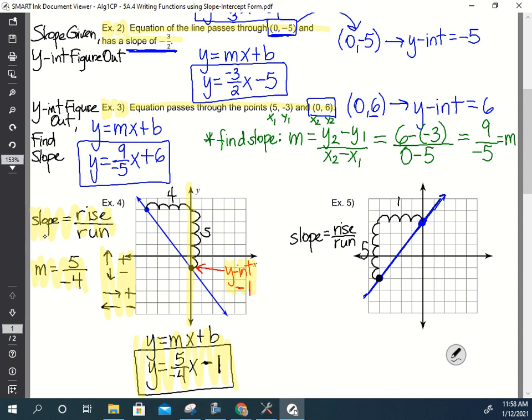Thank you, Luke. So your slope is +5 over +4. Remember, up is positive, and to the right is positive. So it's y equals mx plus b. So y equals 5 over 4 x.